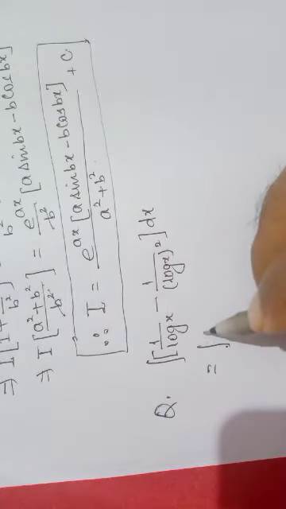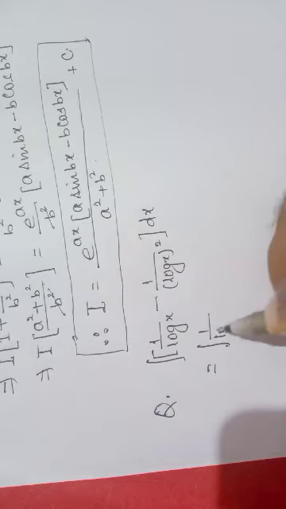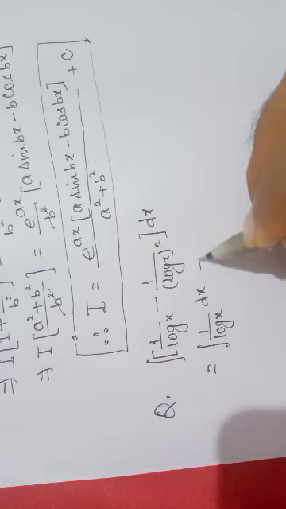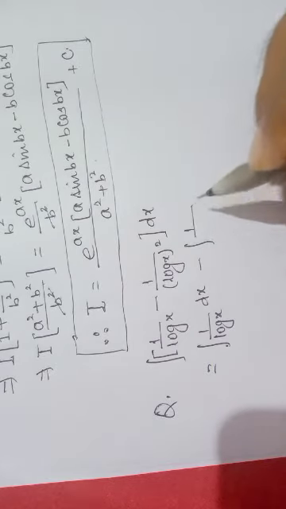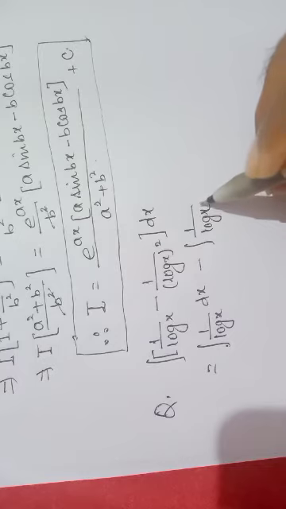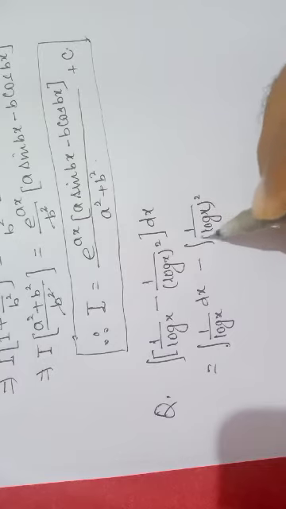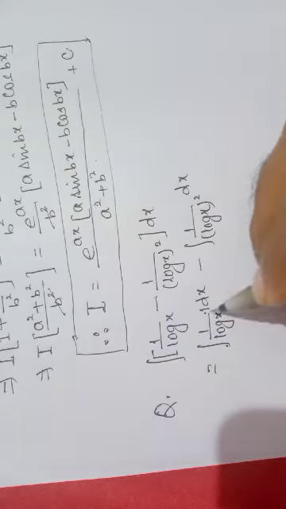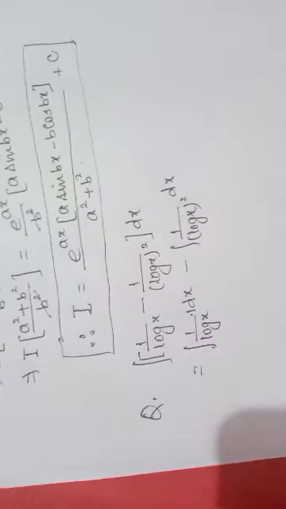Integration of 1 upon log x dx minus integration of 1 upon log x whole square dx. Consider this as u and multiply with 1 as v for the first part.